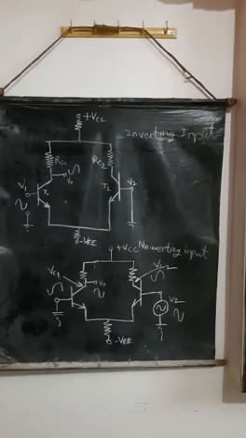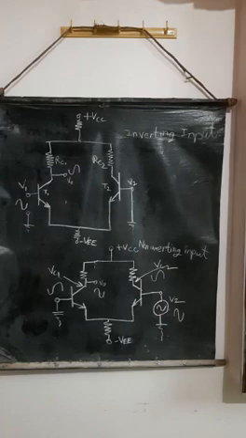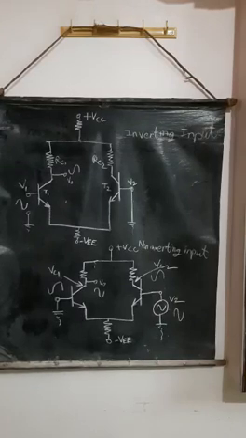The signal appearing at the emitter is in phase with input. The base current increases. Okay. The collector of T2 gives the inverted signal which is in phase with V1.